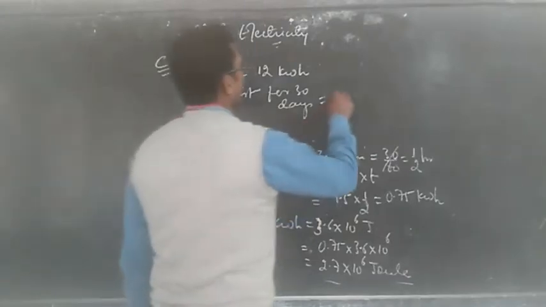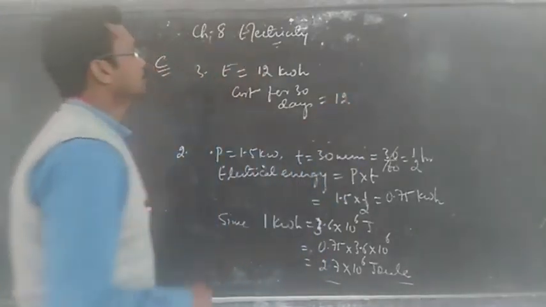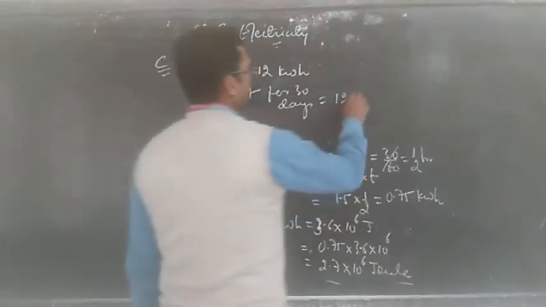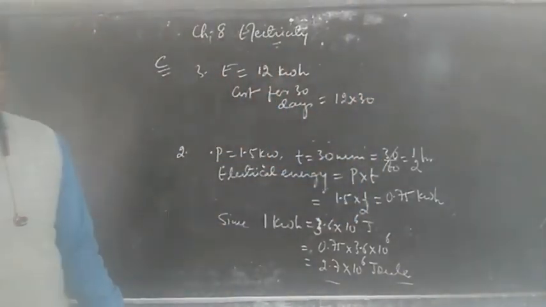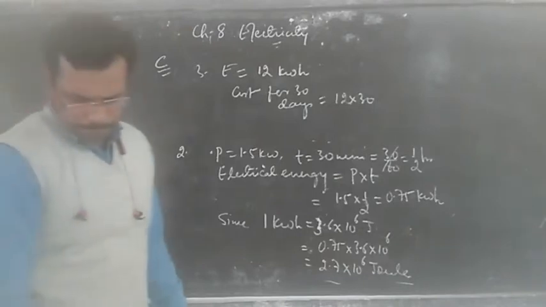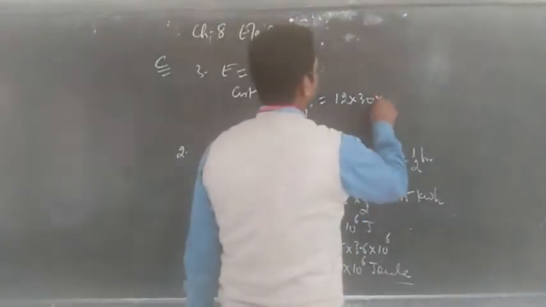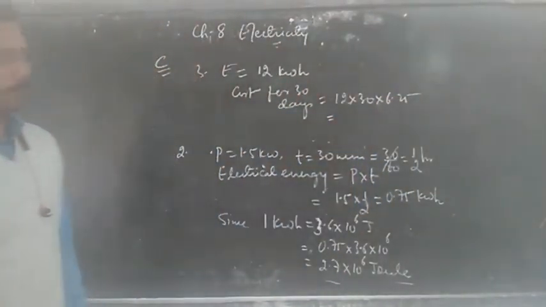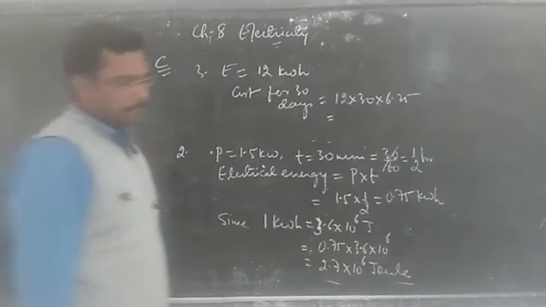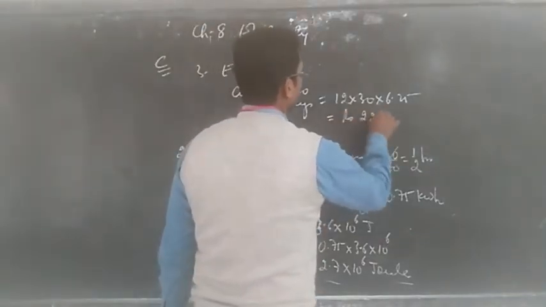So we take 12 kilowatt hour into 30, because this is for 1 day, and then multiply this by 6.25. On multiplying all these, we will get the answer equal to 2250.